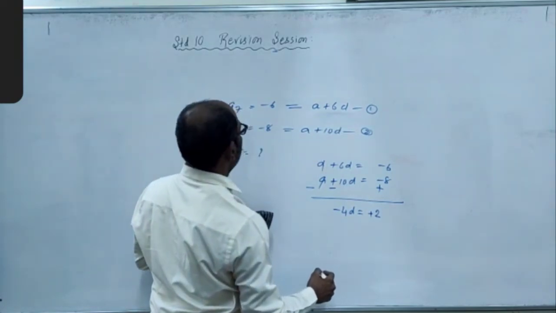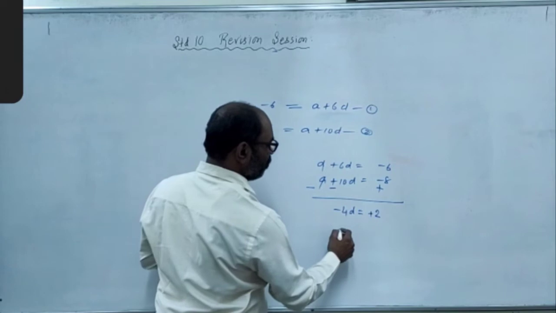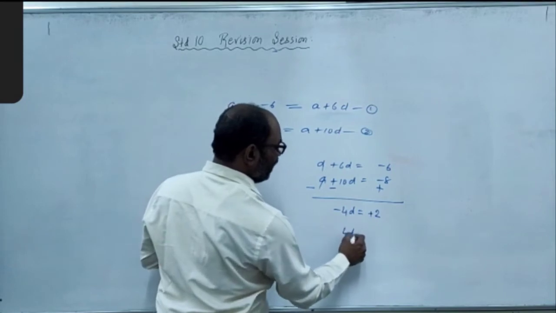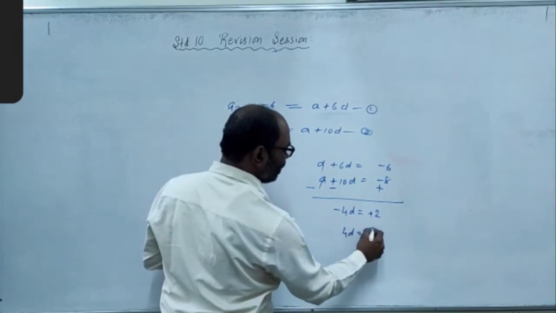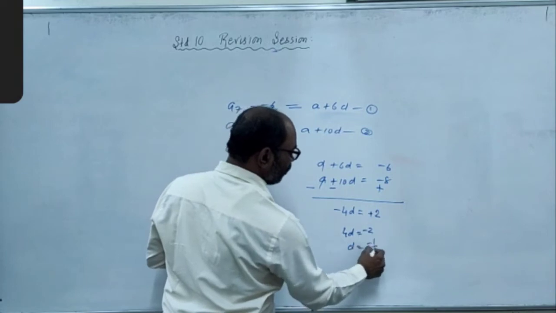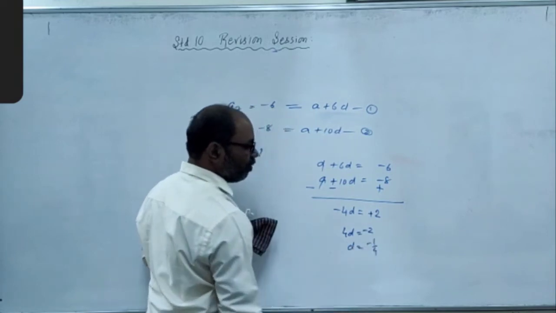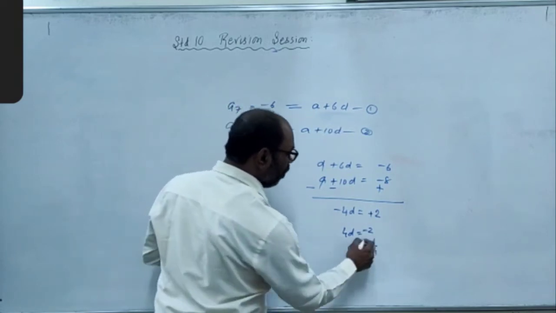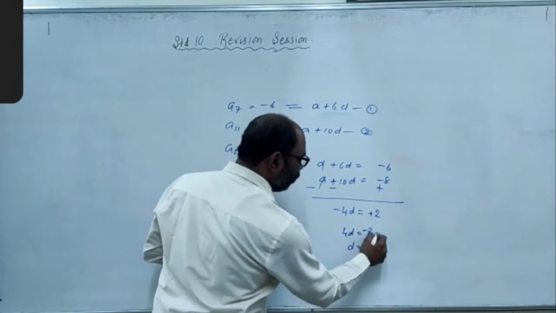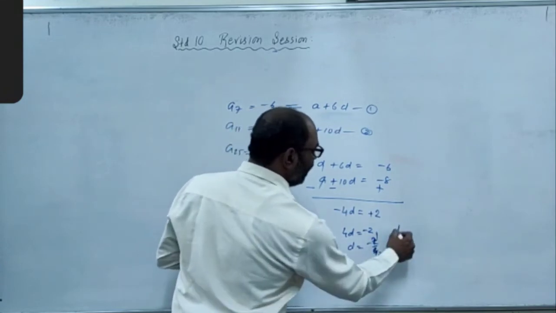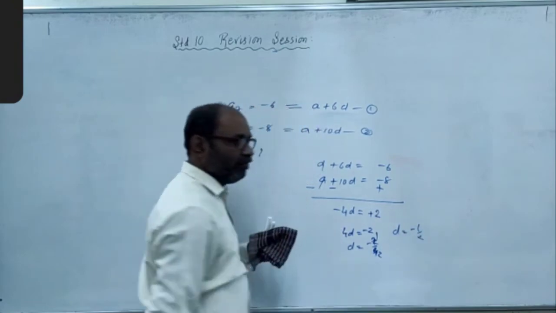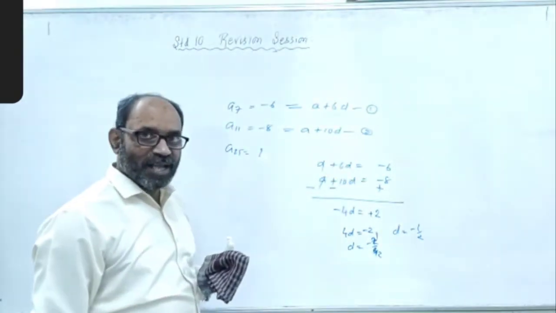So 4d is equal to minus 2, so d is equal to minus 2 upon 4. So d will be minus half.